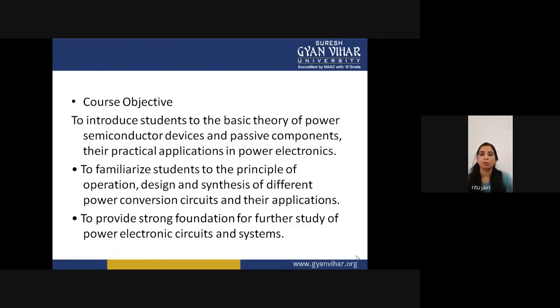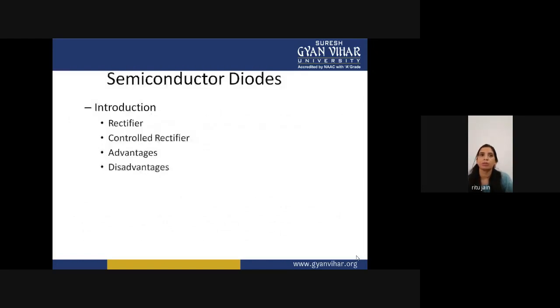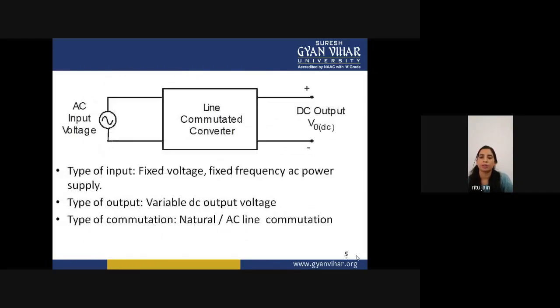As the course outcome, I expect that after this lecture students will be able to understand the different types of converters or rectifiers, the difference between controlled and uncontrolled rectifiers, the advantages, and which electronic devices are used to make a controlled rectifier. So these are the topics: semiconductor devices, diode, controlled rectifier, advantages and disadvantages.